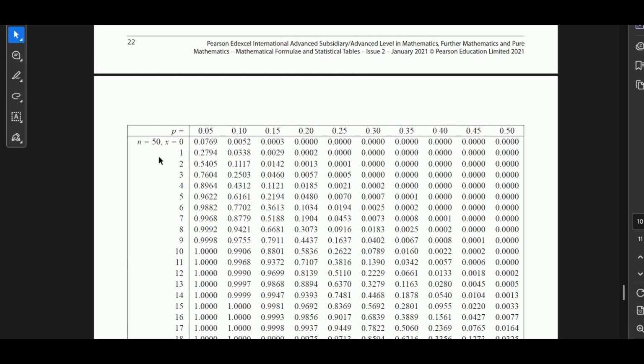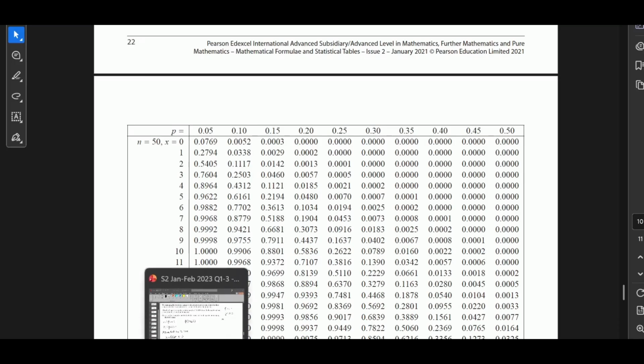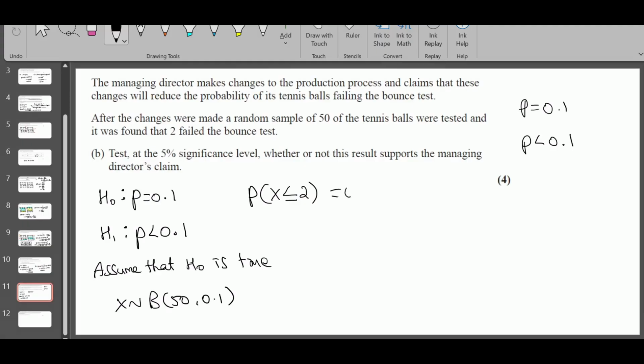So n is 50, P is 0.1, X less than or equal to 2 is 0.1117. The probability is 0.1117, which is bigger than the significance level, right? If it's bigger than the significance level, do not reject H0.